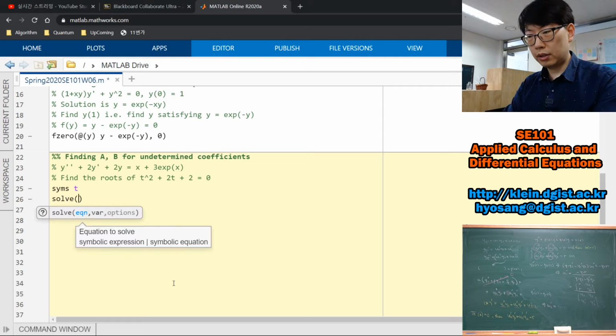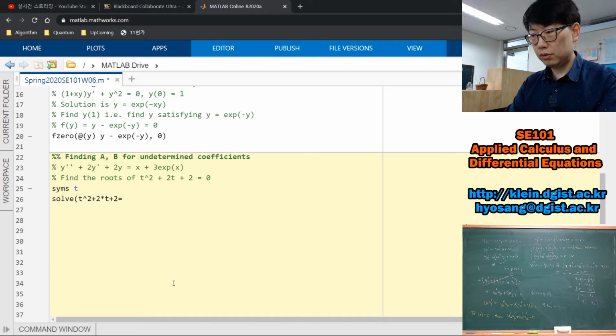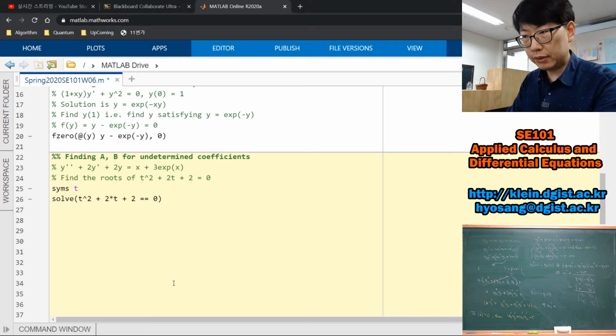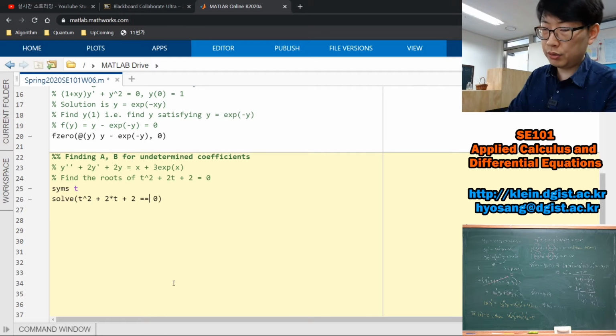So to solve exactly, t squared plus 2t plus 2 equals 0. So this is the equation, okay? I put the double equal sign here so that it represents an equation. A single equal sign means that I'm assigning, but if I put the double equal sign, then it means equation.